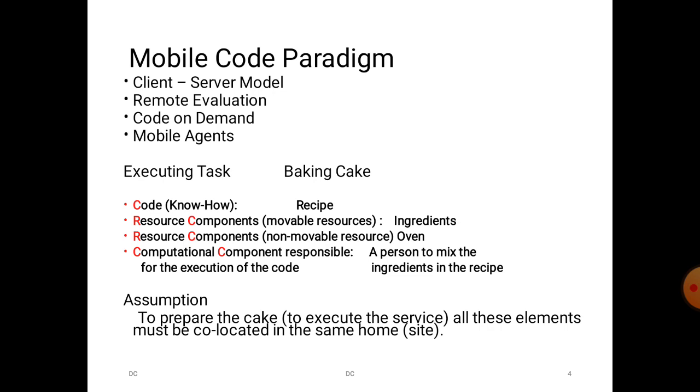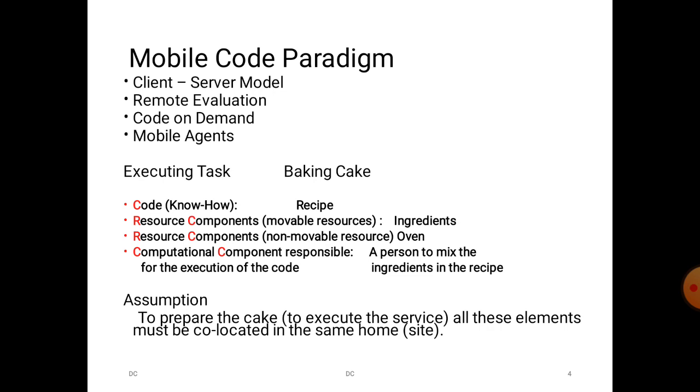First, code know-how, that is a recipe. The code is responsible for doing the process. Whatever process we give to a particular node or requirement, the code is responsible for executing it. It will say what to do when. It gives the list: take the data, process the data, send the output, perform this, perform that. So this code is equivalent to the recipe for baking the cake.